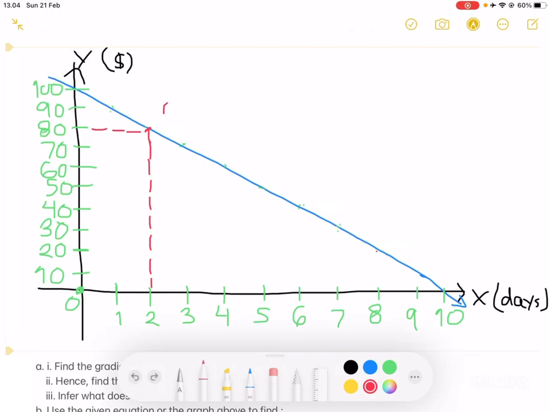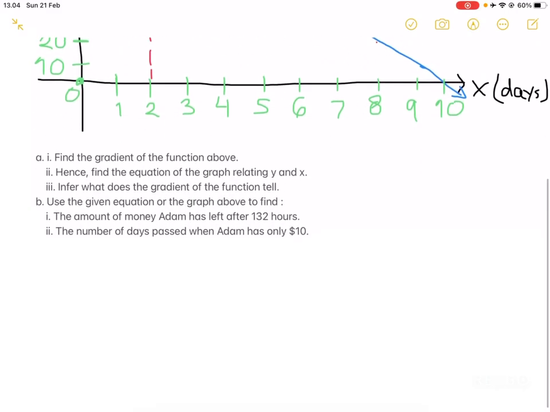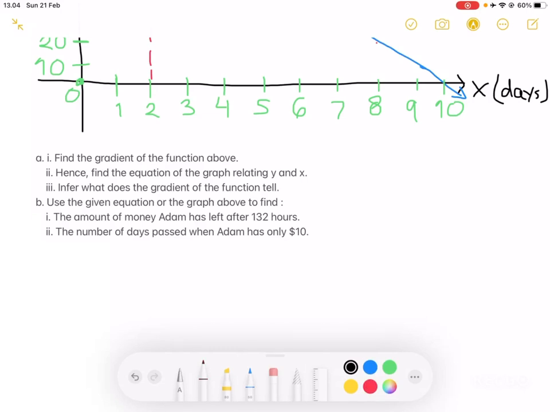So with this we have the coordinates 2, 80. Then I would just do this for another point. For this one it's pretty simple, seeing as this graph intersects the y-axis at 100, so I would write this as 0, 100. And when you have two coordinates that lie on a graph, you can calculate both the gradient and the equation of the line.